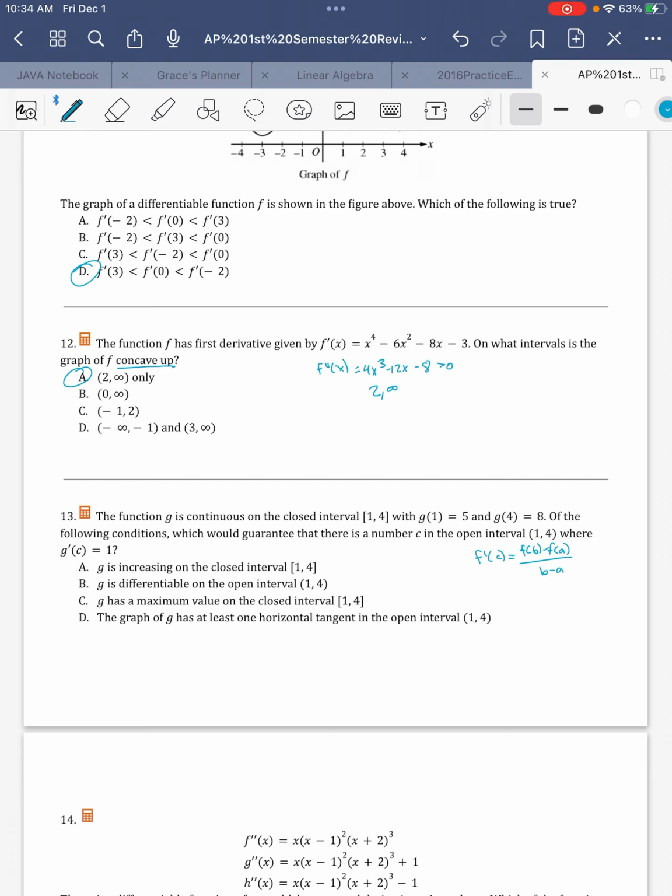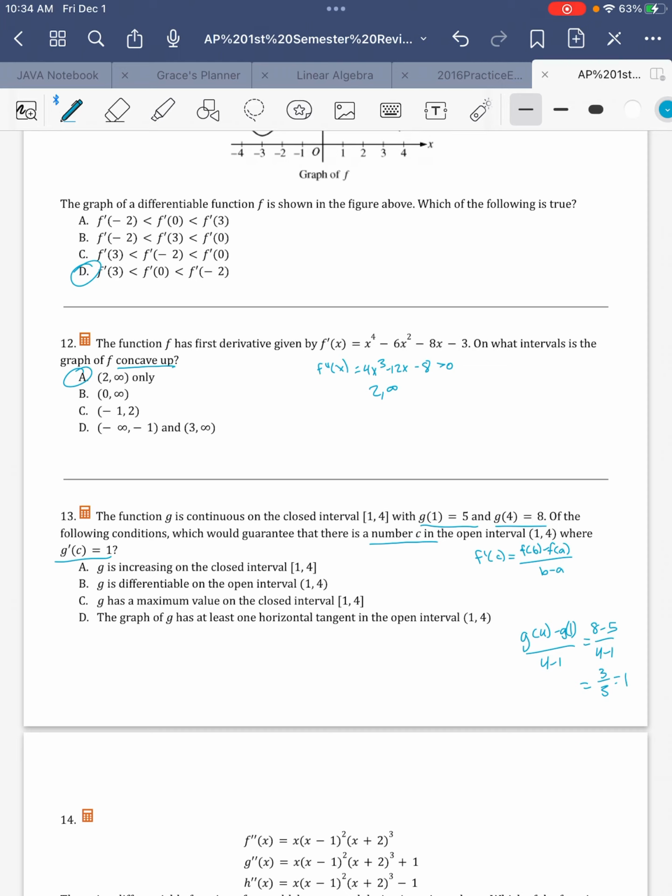And that's the phrasing that this is using, which would guarantee that there is a number c in the interval such that g prime of c equals 1. Well, if I take the numbers I was given at the beginning, g of 4 minus g of 1 over 4 minus 1: g of 4 is 8, g of 1 is 5, 4 minus 1, 8 minus 5 is 3, 3 over 3 gives me 1. So the average rate of change is equal to 1.